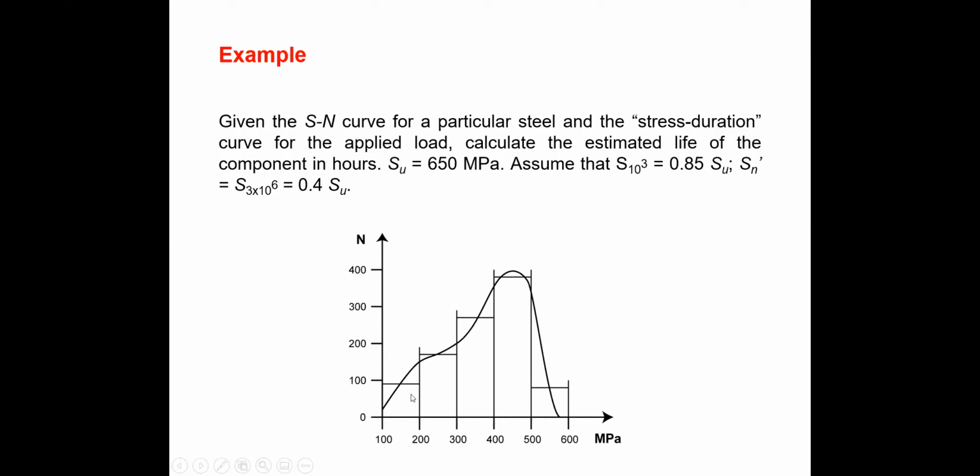I think you know this kind of bar chart. We can say histogram as well. So not bar chart, it's a histogram. You can draw the line like this, no? So actually this is the actual stress variation.